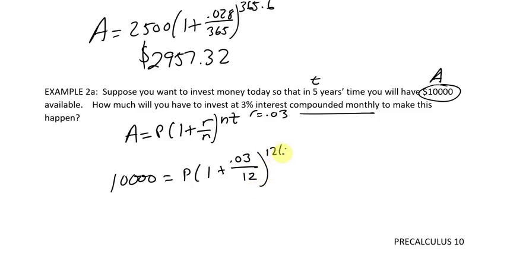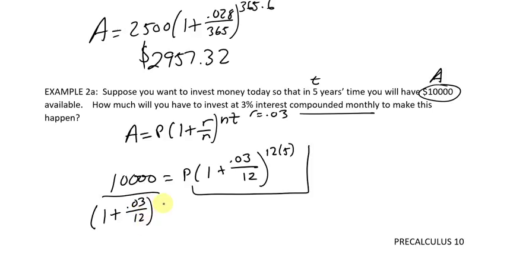Now we have to solve this for P, so we're going to divide both sides by this monstrosity here. And so we'd have 10,000 divided by 1 plus 0.03 divided by 12, to the 12 times 5 power. Okay, and once again, we put that into our calculator.